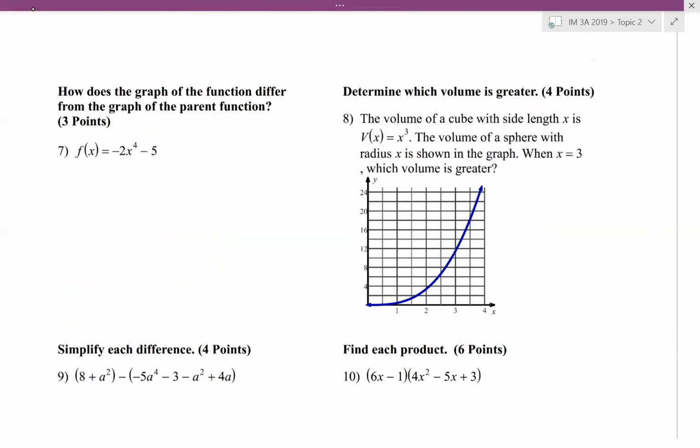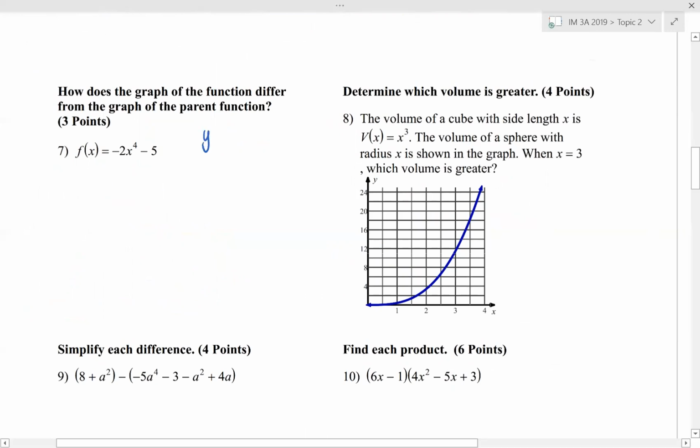So question 7 is asking us how the function differs from the graph of the parent function. So the parent function would just be y equals x to the 4th power. In that case, a is 1, h is 0, and k is 0. So it's centered at the origin, and it's that kind of wide parabola shape, right?